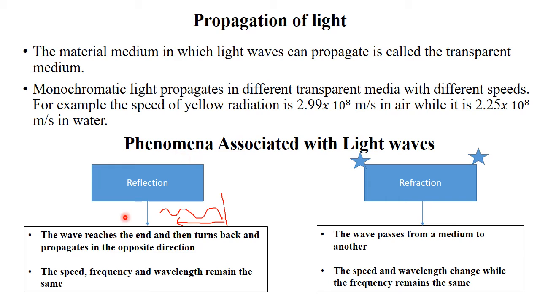This part is a revision of the previous videos: the phenomena associated with light waves. There are two phenomena, reflection and refraction. You can review the previous videos. In case of reflection, the wave reaches the end.